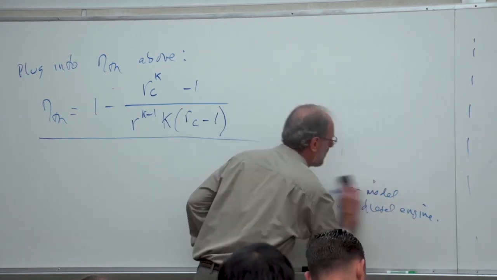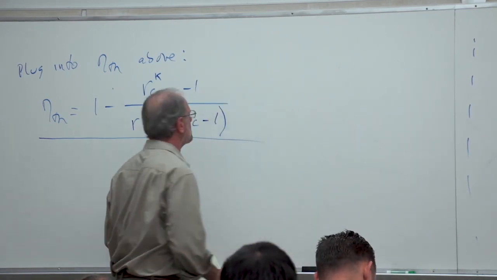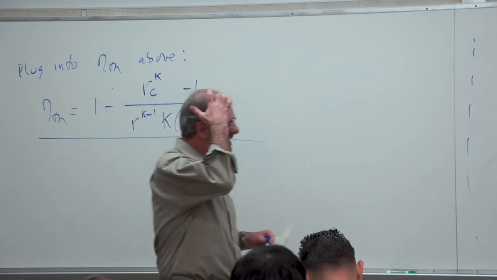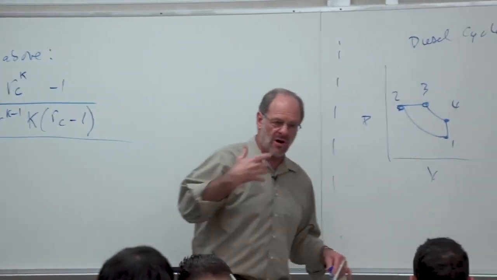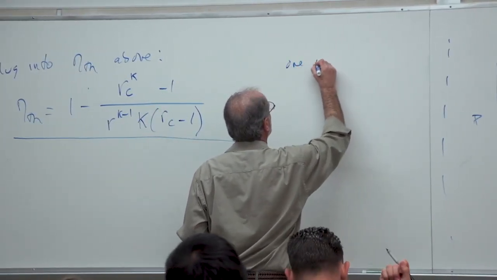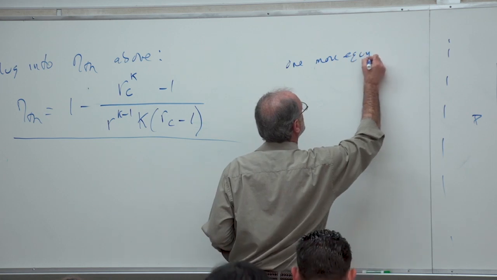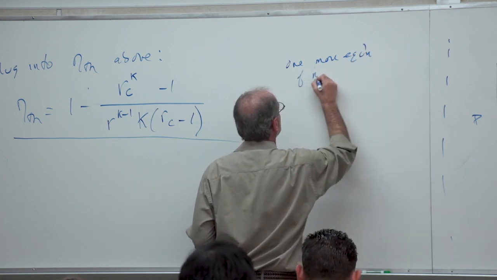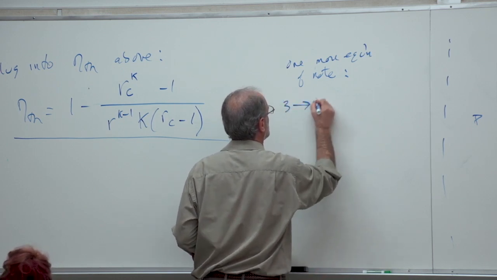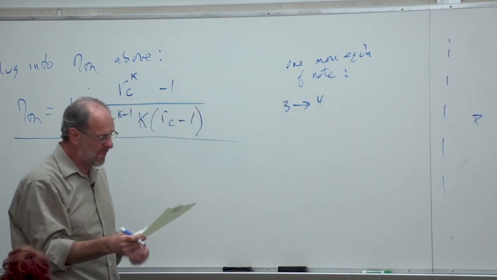Now, one other equation of interest to us, and this has to do with the process from 3 to 4, our isentropic expansion process. So one more equation of note. So again, this has to do with the expansion process from 3 to 4.